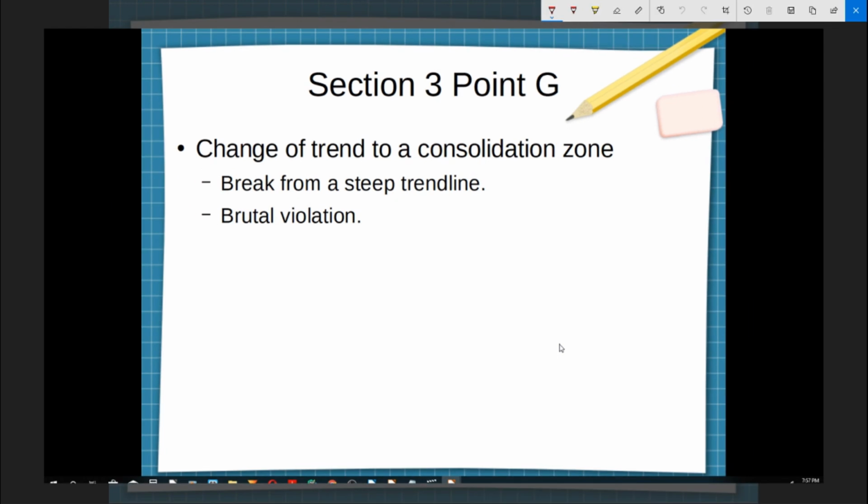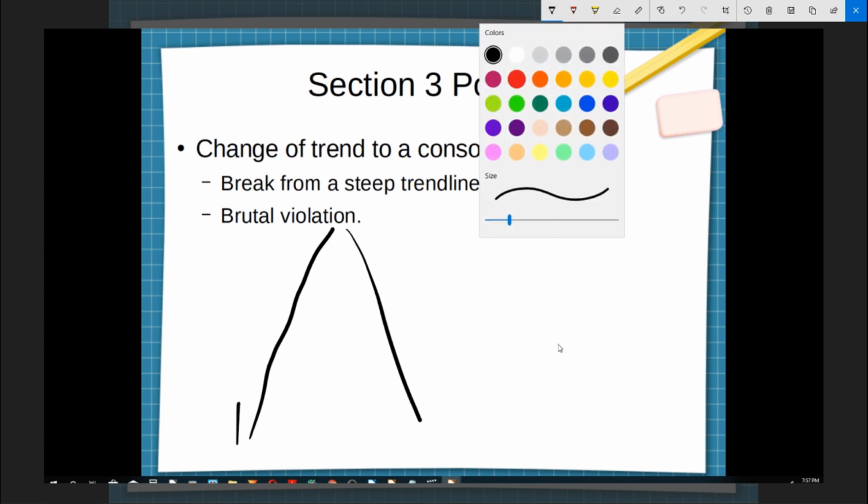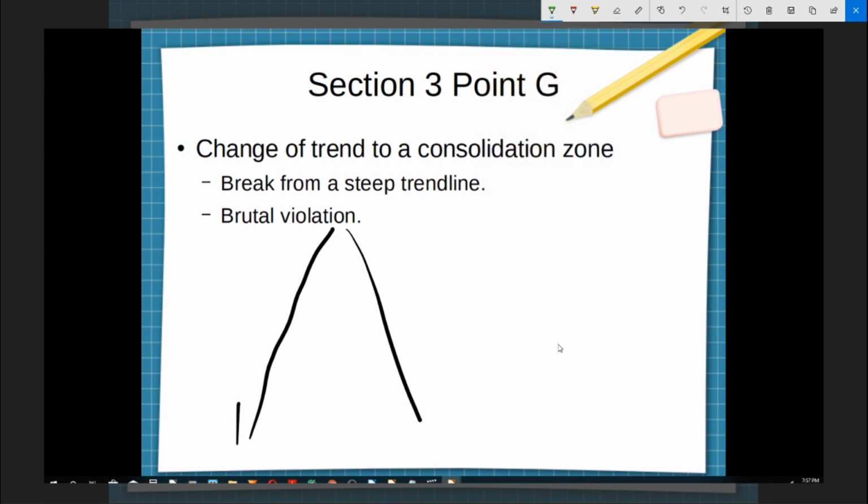The first situation is when the trend line is extremely sharp. For example, you had a trend line that is something like that, something extremely sharp, some kind of bull trend in this way.